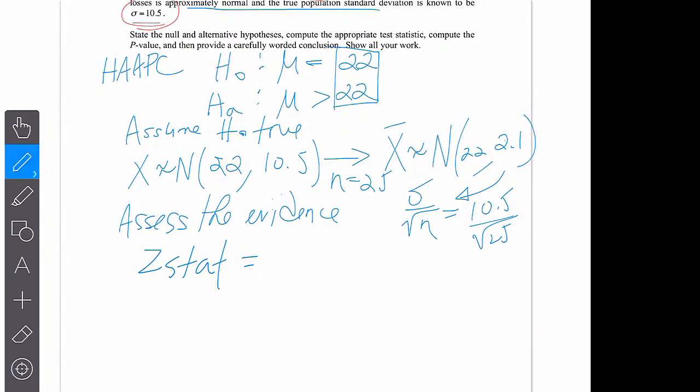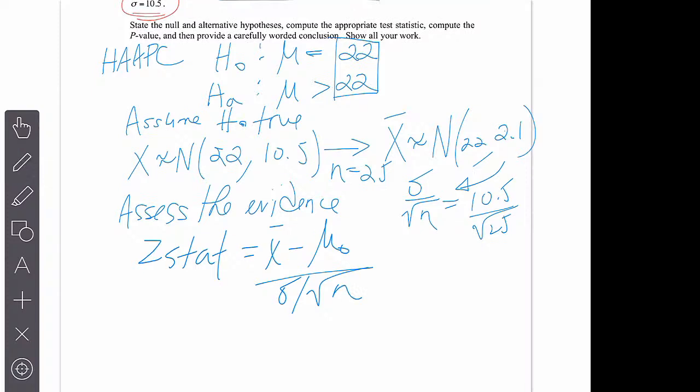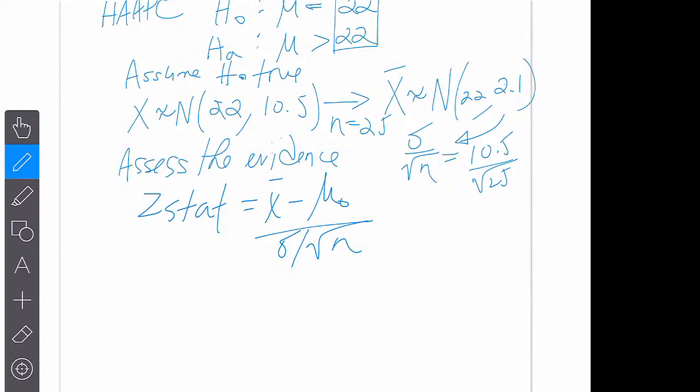So the z-stat, you take your sample result and you standardize it. You subtract the hypothesized mean and divide by the new standard deviation, which in this case is sigma over root n. Remember, it's not just sigma, okay? The point is it's for the sample mean.